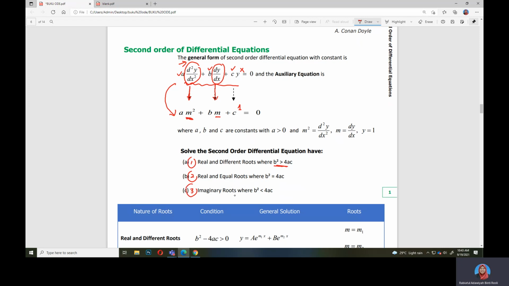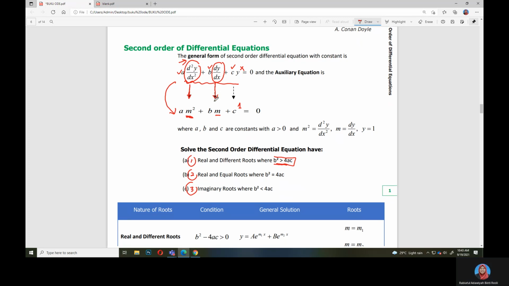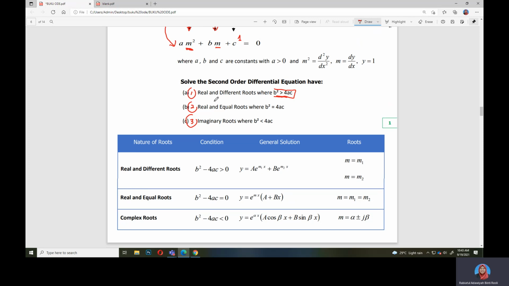I repeat, how to check the type of the root? You have to check this one, either it is greater, equal, or less. After you check the condition, we know the general solution.